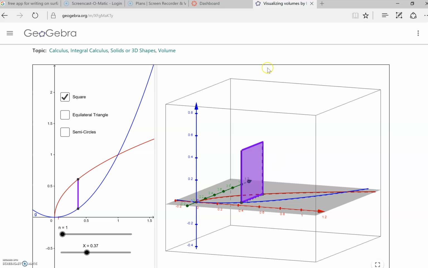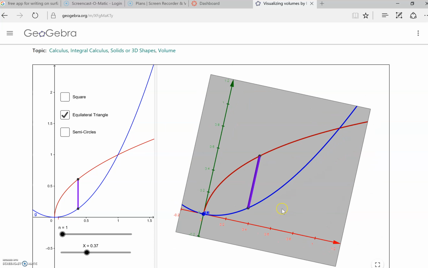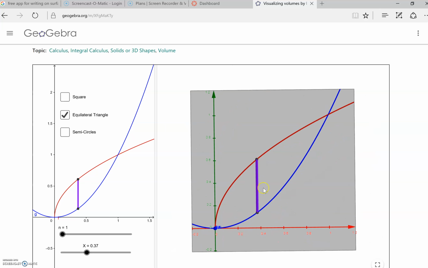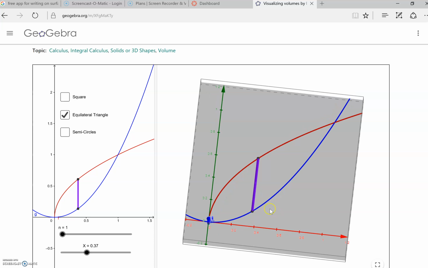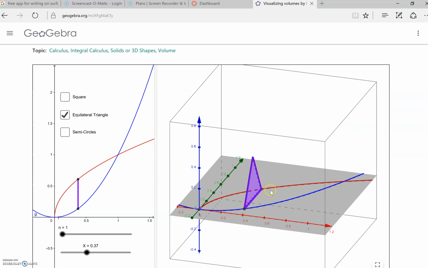All right, so again, just to focus in on what this one looks like, if the cross sections are squares, if they're equilateral triangles, just focus on this one piece, this segment here. If I rotate this, it corresponds to a side of the equilateral triangle.